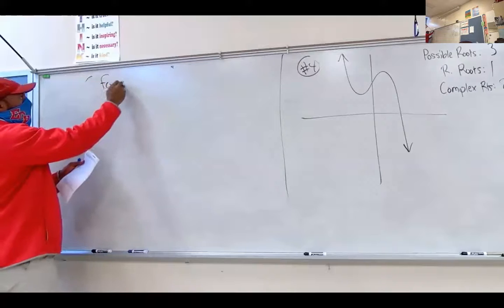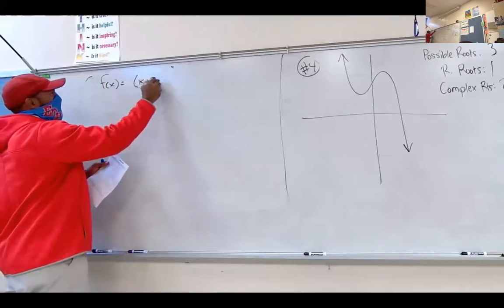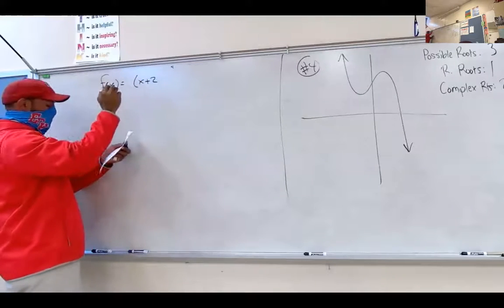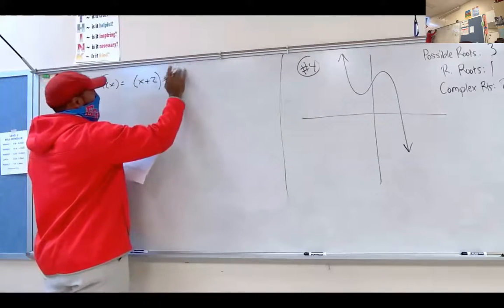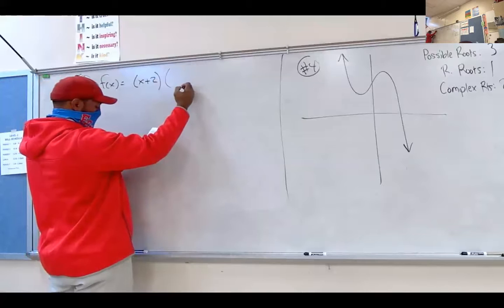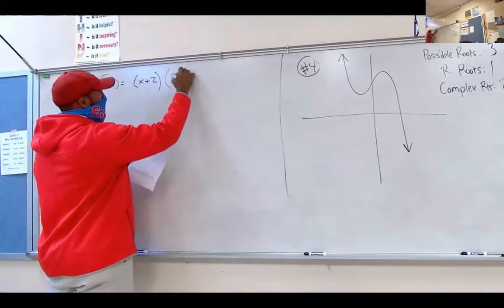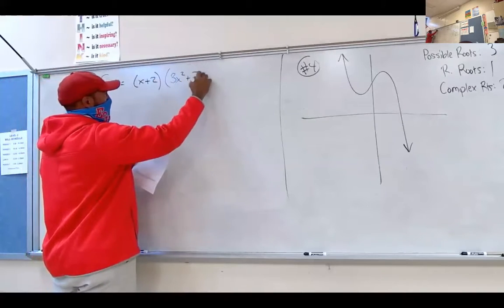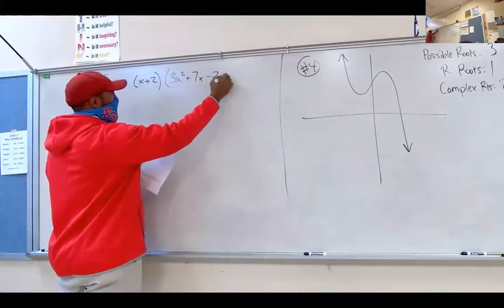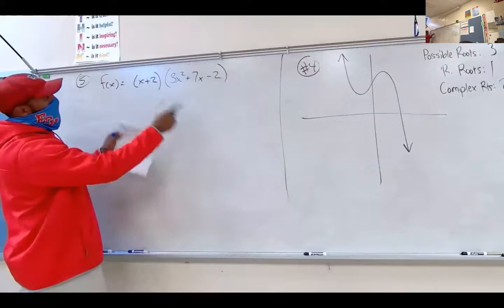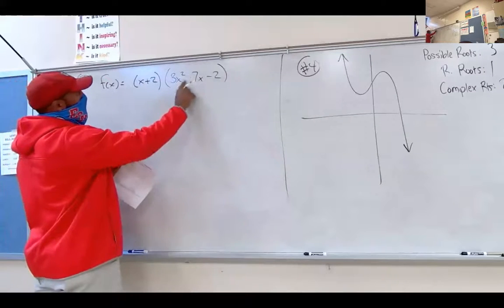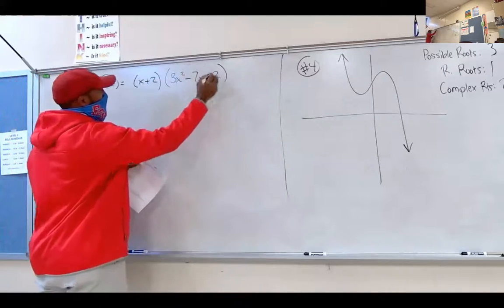So let's have x plus 2. Again, this is a lot like number 5. And then let's say I've got 3x squared plus 7x minus 2. Does that work? Or I could go the other way. I gotta go this way.